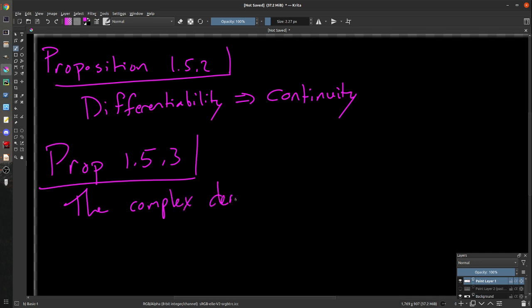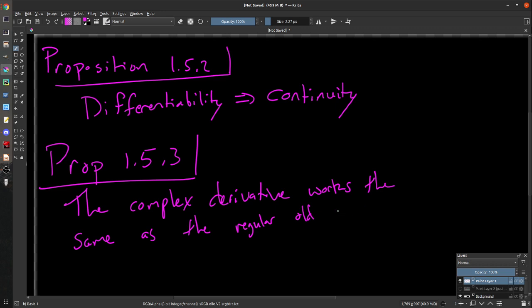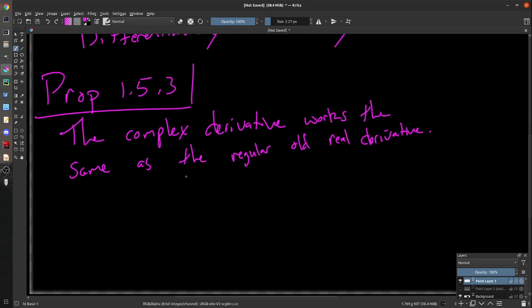The complex derivative works the same as the regular old real derivative.